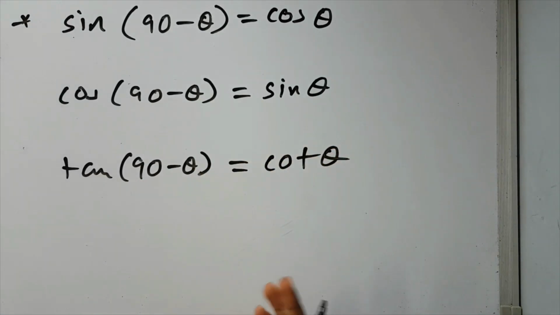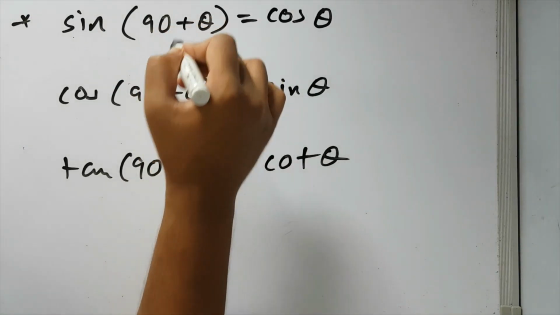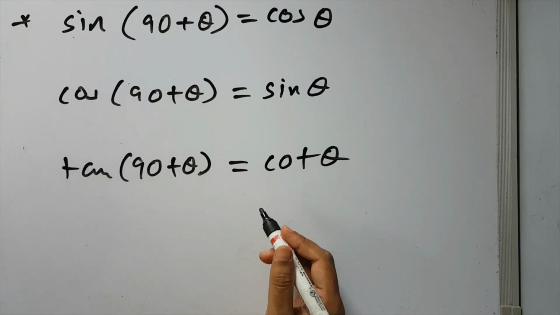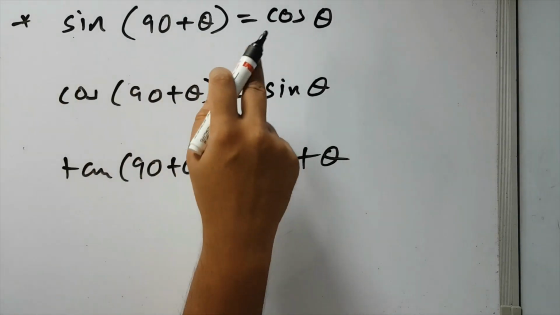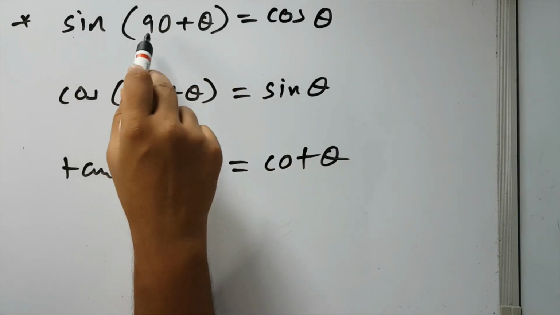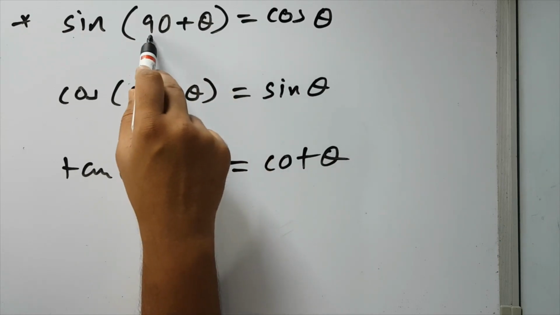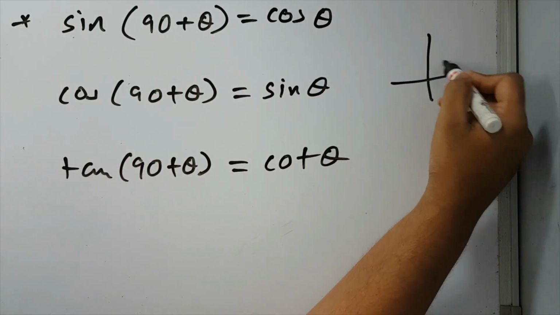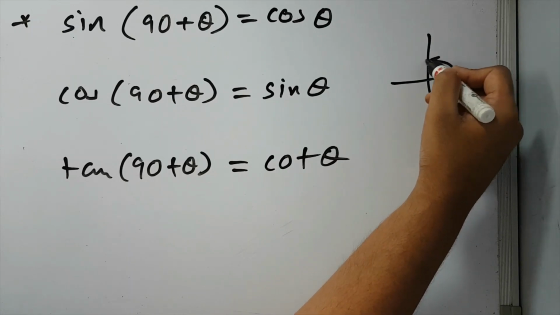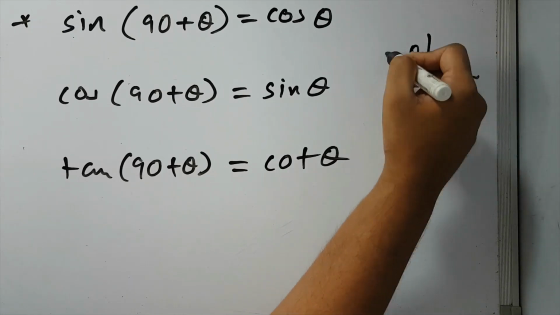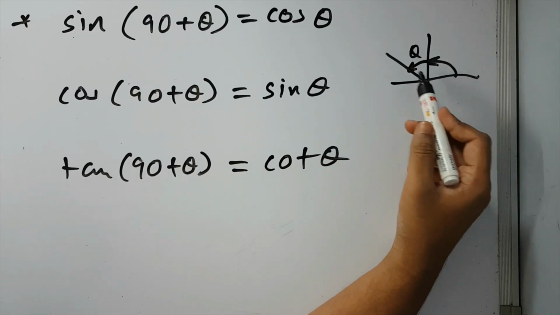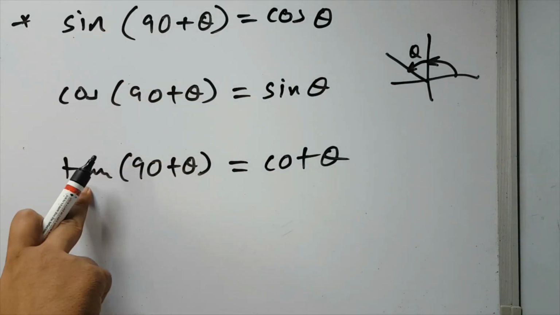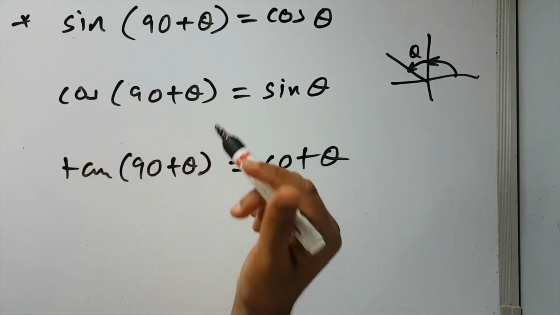Alright, now what about 90 plus theta? First you need to identify which quadrant this is. This is in the second quadrant. You go 90 degrees and then rotate by theta. Now in the second quadrant, sine is positive and cosine and tan are negative.